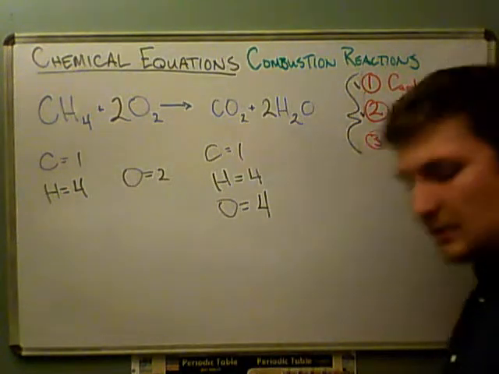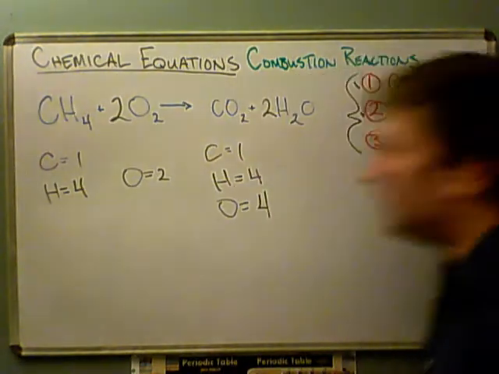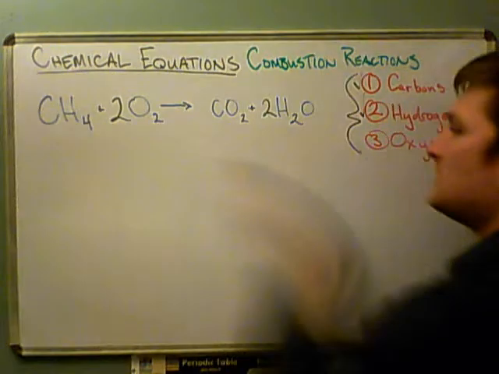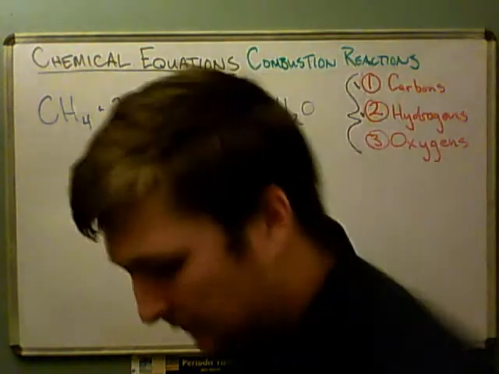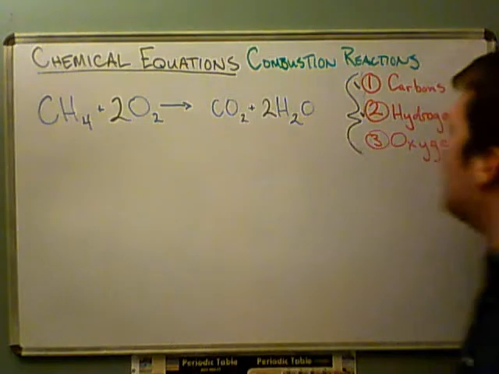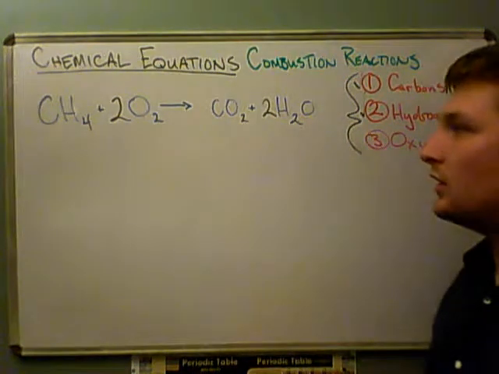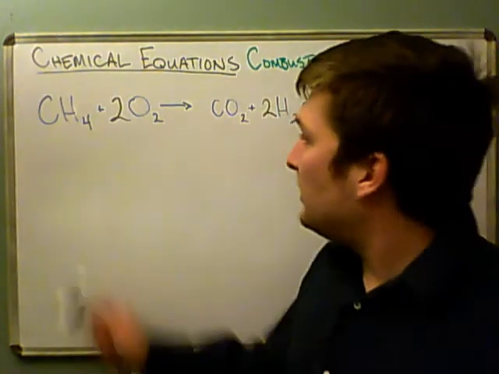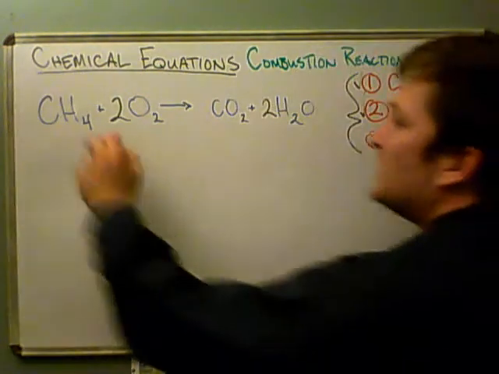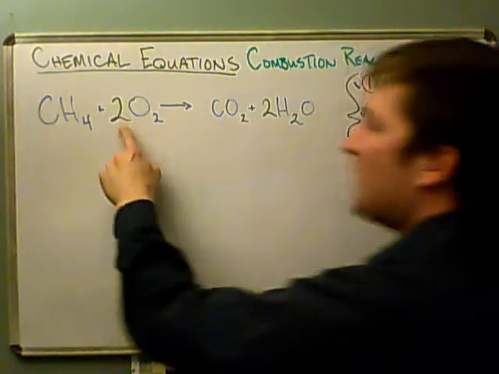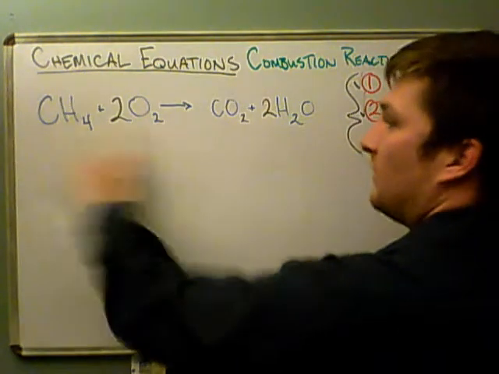And this may seem like a really simple example, and it is really, but this is something I really want to illustrate here. Yeah, we're throwing around a lot of numbers, and that's all well and good, but what does that mean exactly? Well, this means that the only way to get this out of this is if you have the right numbers of everything.